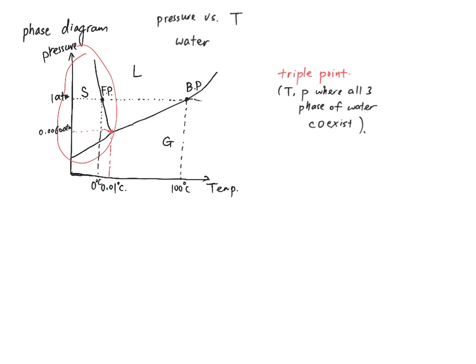Now, another thing that we also want to give you here is the process of going between phases, crossing these phase interfaces, the three lines. If you're going from solid to liquid, ice turning into water, what's that process?